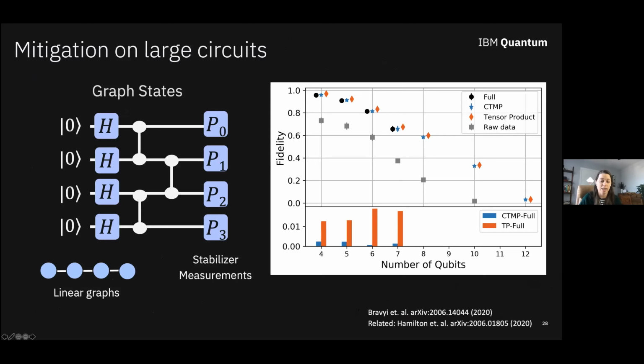To dive into the details more, I encourage you to check out this paper. There's similar work from this group here. We tested this on some large circuits, like preparing graph states on up to 12 qubits. And we found that this method works beyond where we could mitigate with one of the older methods of calibrating a full A matrix.